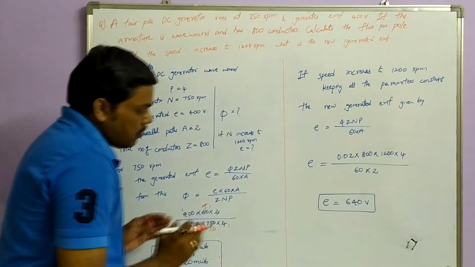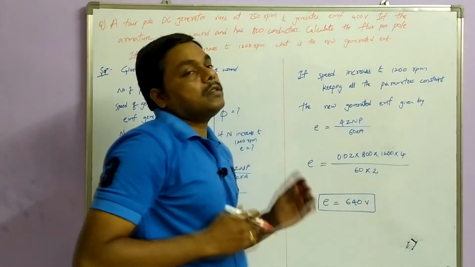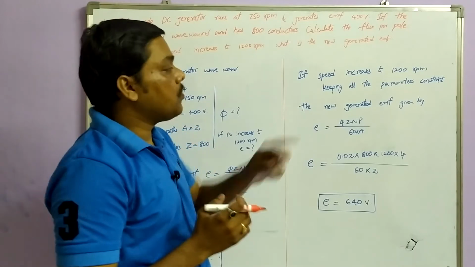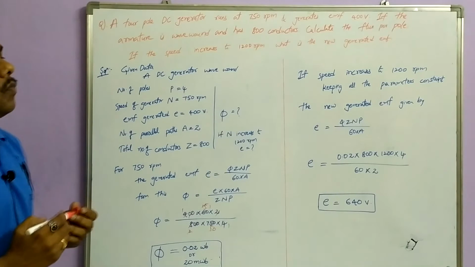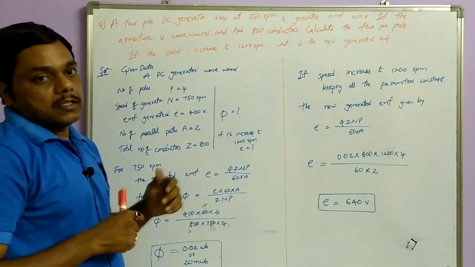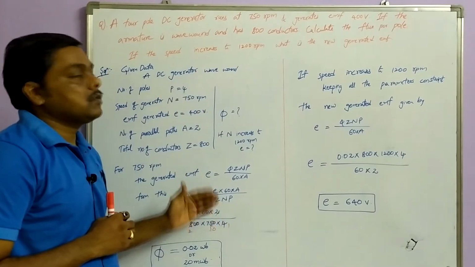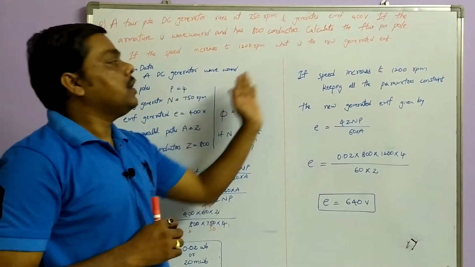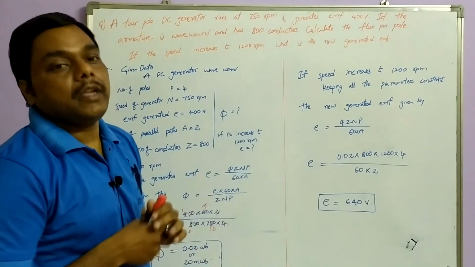Now we keep the same flux per pole constant. Now we calculate the new generated EMF at 1200 rpm. If your flux changes, the speed also changes, but here I am keeping the flux constant and the speed increases. Then what is the change in your generated EMF?